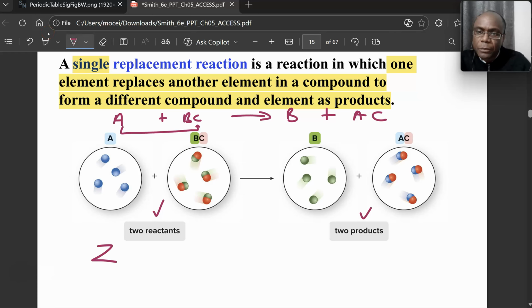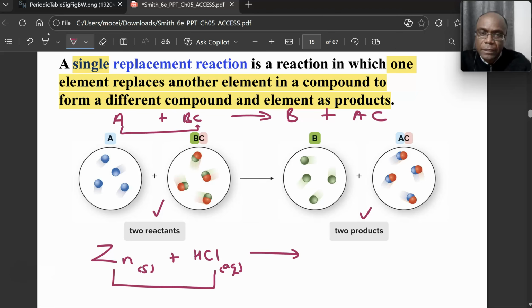I give you an example of solid zinc reacting with aqueous HCl. The zinc will take this Cl. You remember zinc is always 2 plus, Cl is minus. So the formula will be ZnCl2, and this zinc chloride would be aqueous. And then the hydrogen is displaced as hydrogen gas.